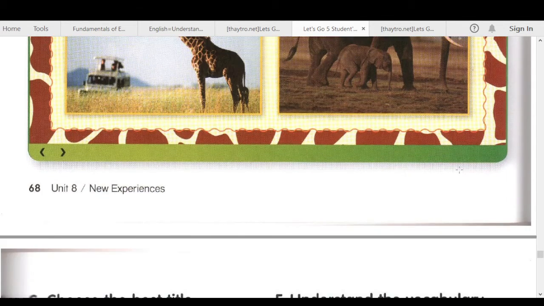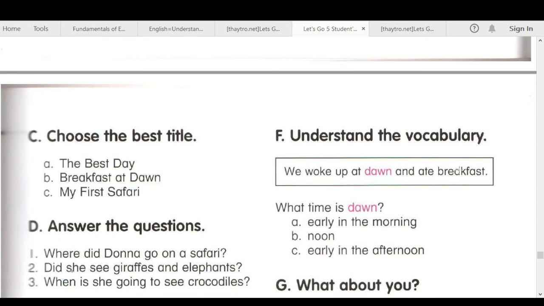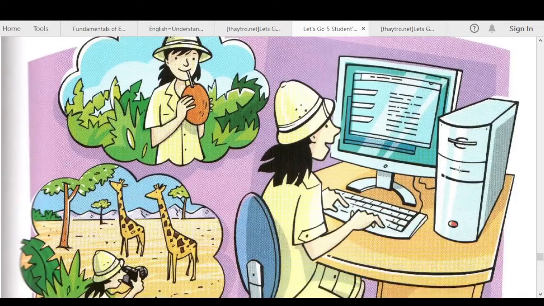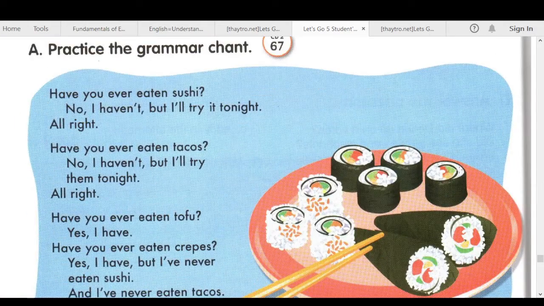Let's build. A. Practice the grammar chant. Have you ever eaten sushi? No, I haven't. But I'll try it tonight. All right. Have you ever eaten tacos?